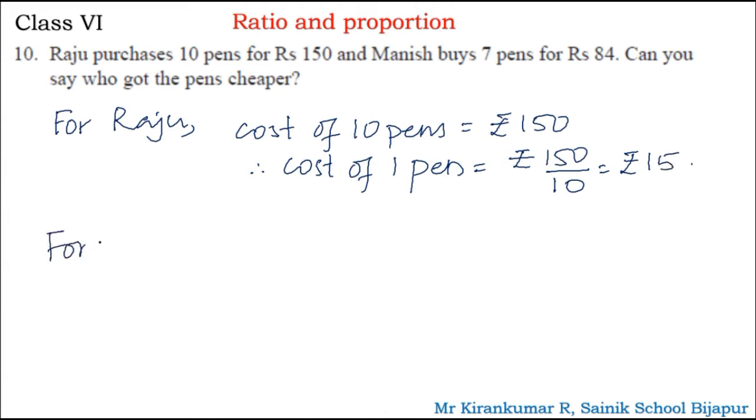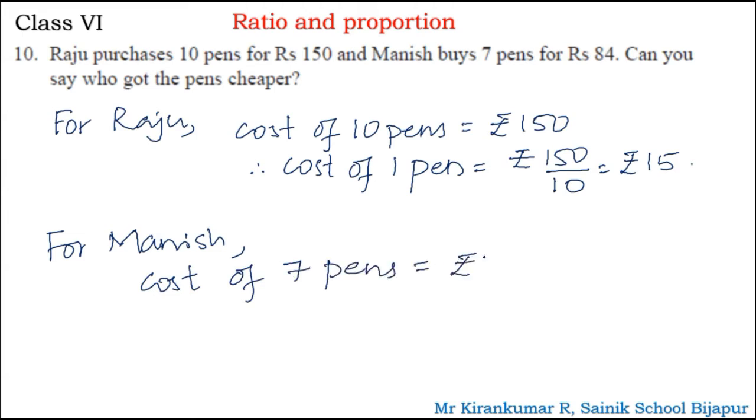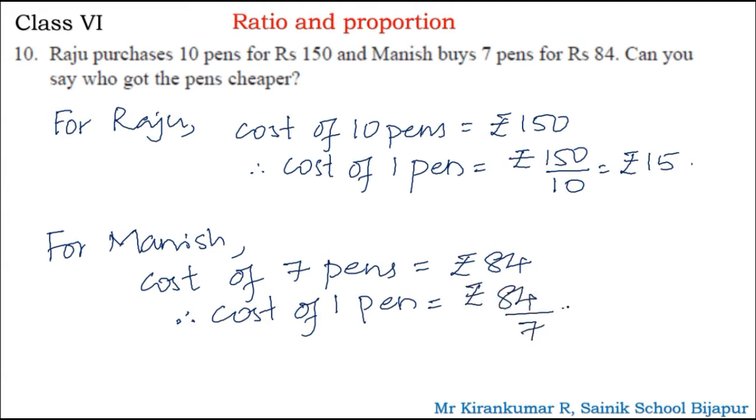There's another person, Manish. For Manish, cost of 7 pens is rupees 84. Therefore, the cost of 1 pen will be rupees 84 upon 7, which is rupees 12.